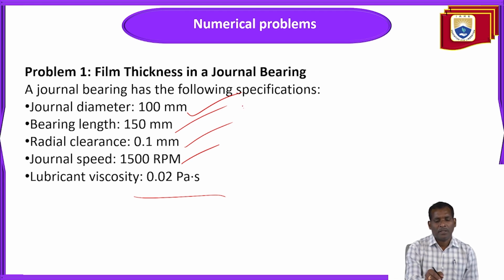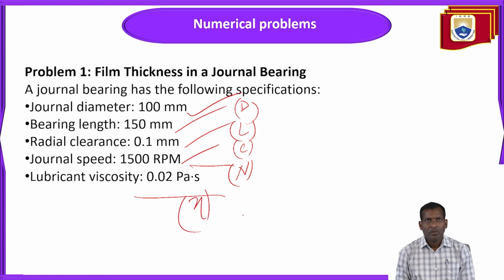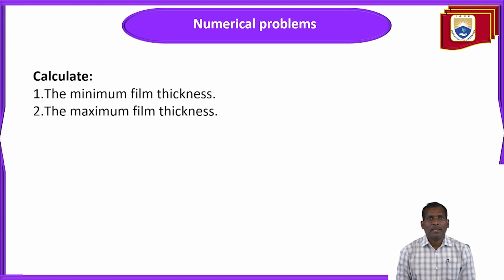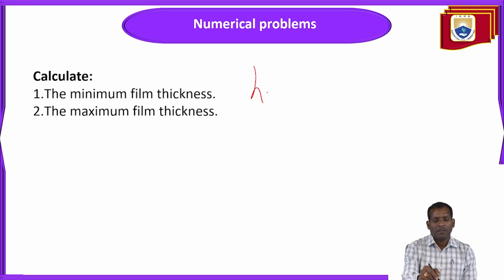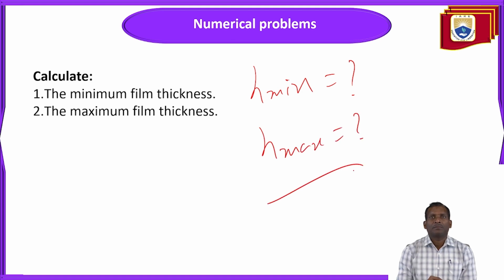The journal diameter D, the length, the clearance C, N, and viscosity are given. So calculate the minimum film thickness and maximum film thickness, H minimum and H maximum.